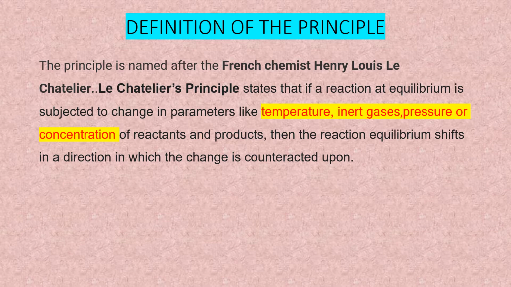That is, if any of the parameters is changed, the position of equilibrium also changes. The reaction either moves in the forward direction or in the backward direction so as to balance the imposed change on the equilibrium.